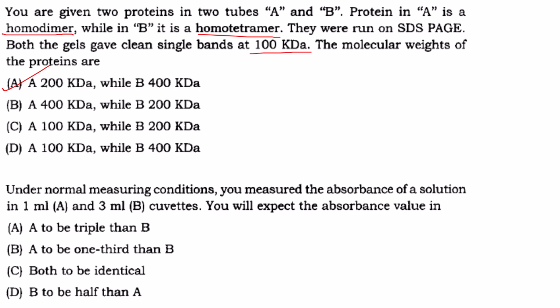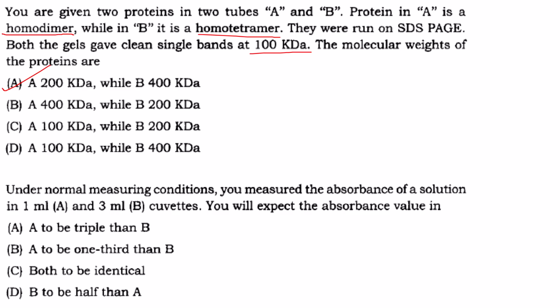Then next one, under normal measuring conditions, you measure the absorbance of a solution in 1 ml and 3 ml cuvettes. You will expect the absorbance value in. Now absorbance, you all know, is epsilon C l. Epsilon is the extinction coefficient constant. C is your concentration and l is your path length.